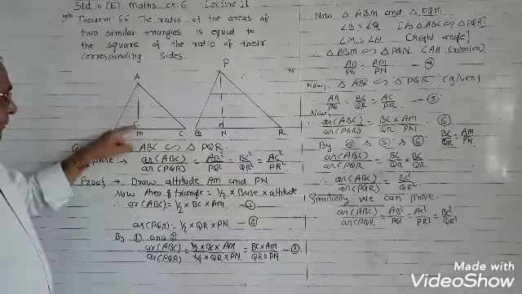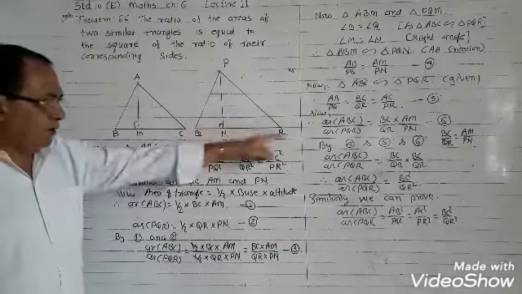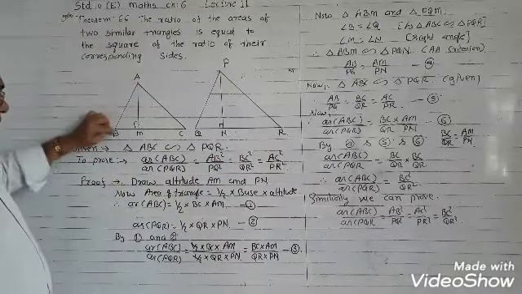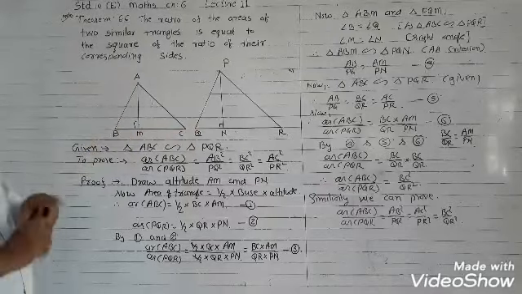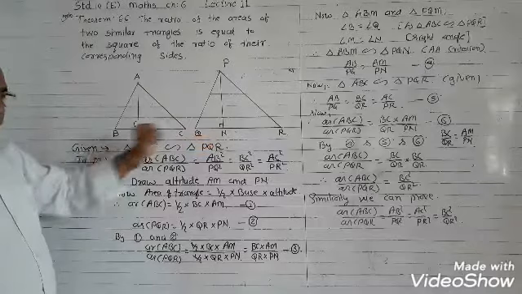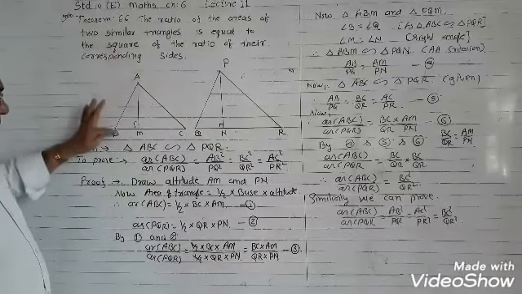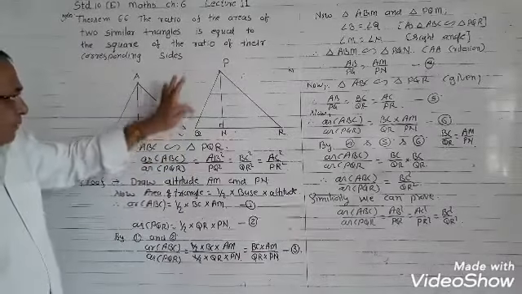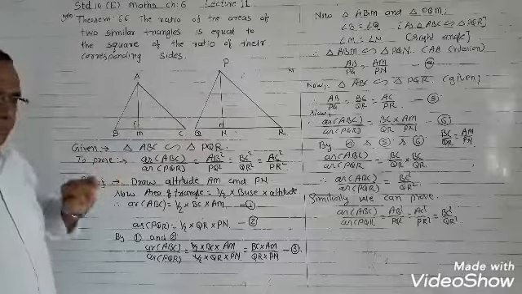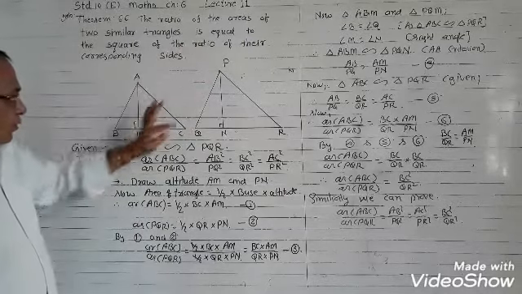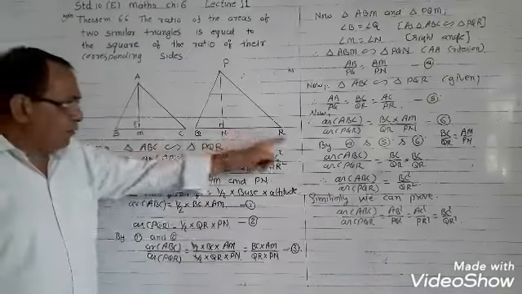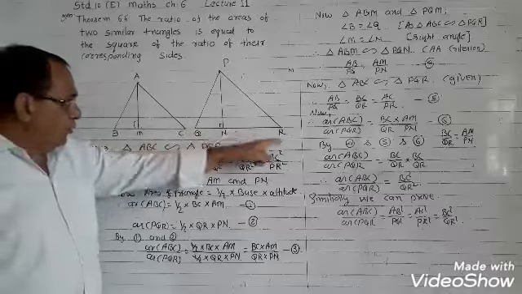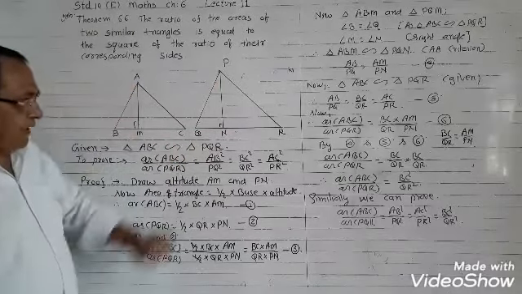The 1/2 cancels, giving BC into AM upon QR into PN. Now in triangles ABM and PQN, angle B is equal to angle Q, corresponding angles of similar triangles, angle M is equal to angle N, right angle. Therefore ABM and PQN are similar. Therefore AB upon PQ is equal to AM upon PN, but AB upon PQ is equal to BC upon QR. Therefore BC upon QR is equal to AM upon PN.